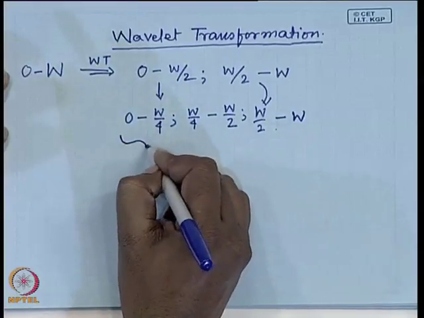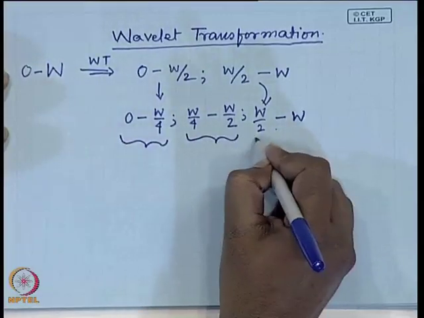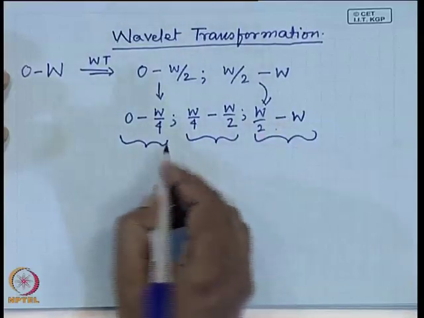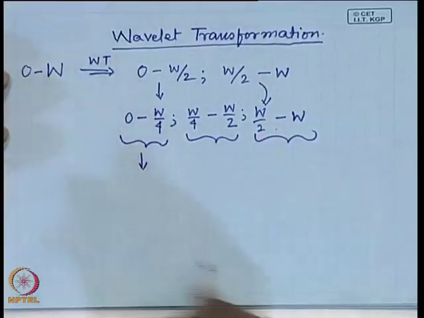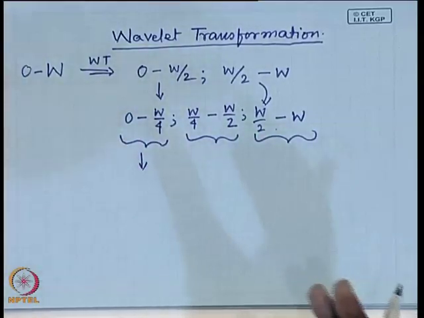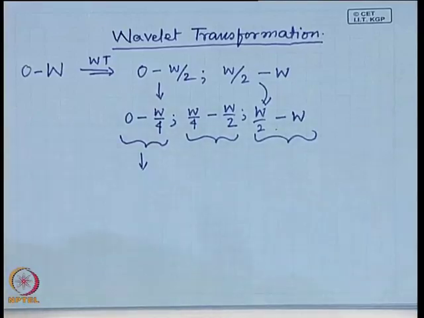So, I am always dividing the signal into a number of subbands, and the same operation is repeated on the lower subband. Effectively, what I get is a tree kind of structure.